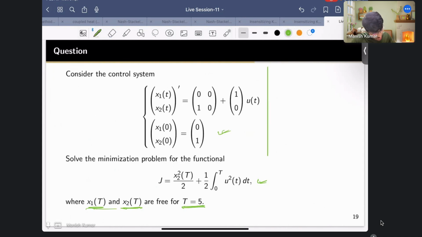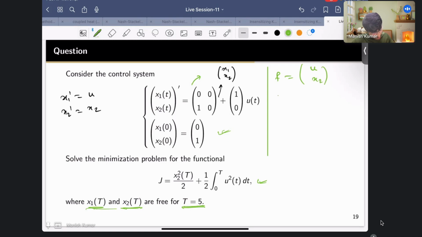So what is f? If you expand it, what you get is x1 prime equals u, and x2 prime is equal to x2. So f will have two components: the first one is u, the second one is x2.